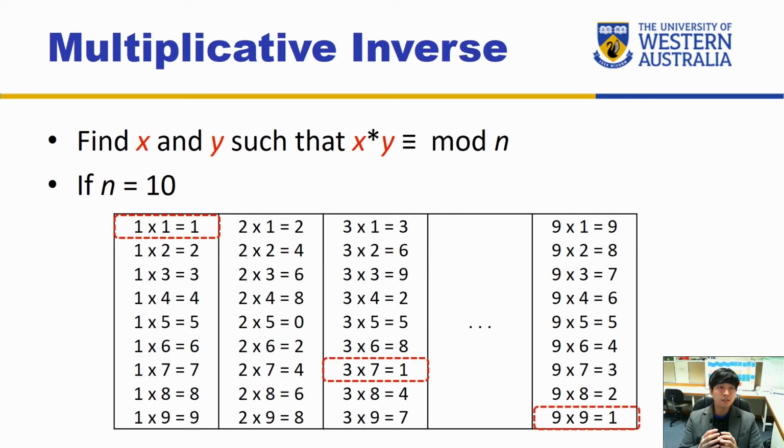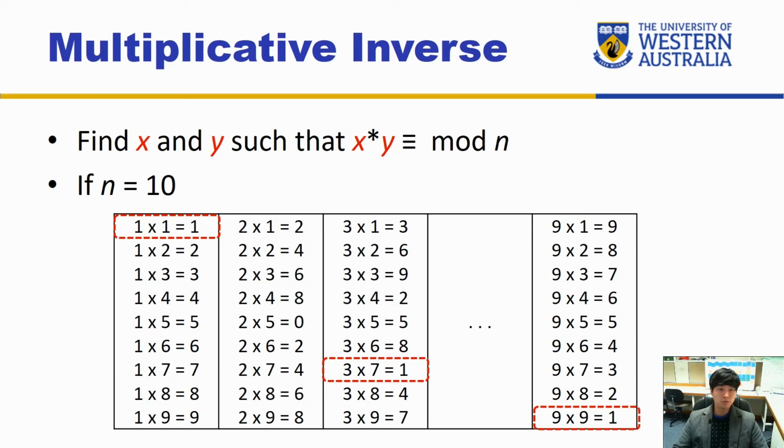The last item is the multiplicative inverse. This is where we want to find x and y such that x times y is equivalent to 1 mod n. My slide is missing the 1 there. For instance, if n equals 10, so that's in modulo 10, we can see that 1 and 1 are x and y, the same value.